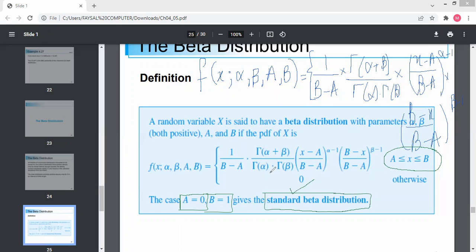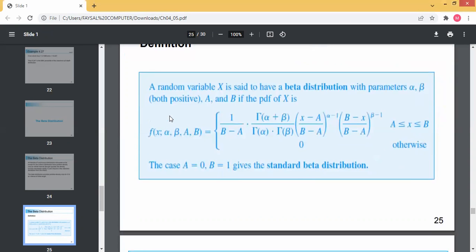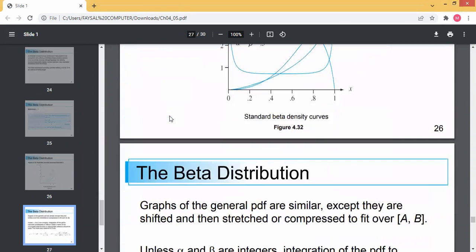So 1 upon (B minus A) times the gamma function of (alpha plus beta) over gamma of alpha times gamma of beta, times ((x minus A) divided by (B minus A)) to the power alpha minus 1 times ((B minus x) divided by (B minus A)) to the power beta minus 1. So this is a complex formula of the beta distribution.